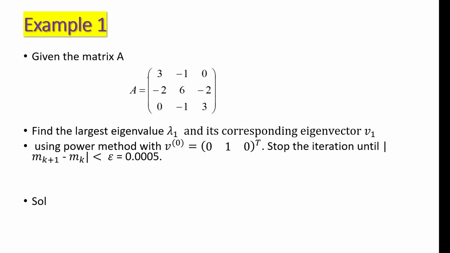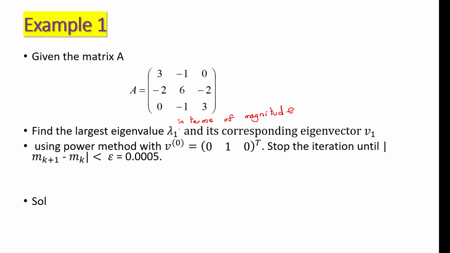For example, we have a matrix A equal to 3, negative 1, 0, negative 2, 6, negative 2, 0, negative 1, 3. Find the largest eigenvalue lambda 1 in terms of magnitude. If it is negative, we will take the magnitude.